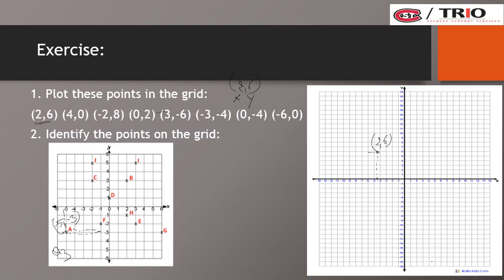So A is -5, -3. These are the coordinates for point A. Similarly, you work on the rest: points B, C, and D.